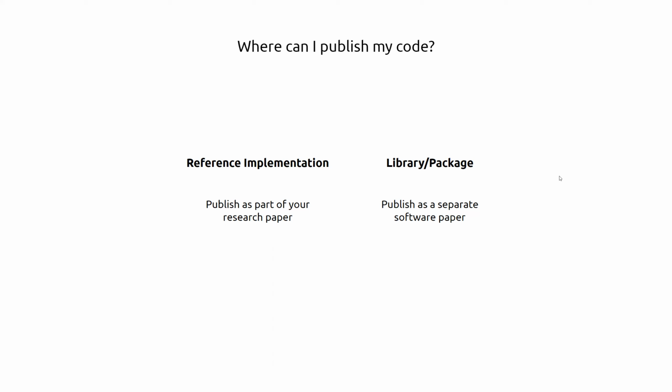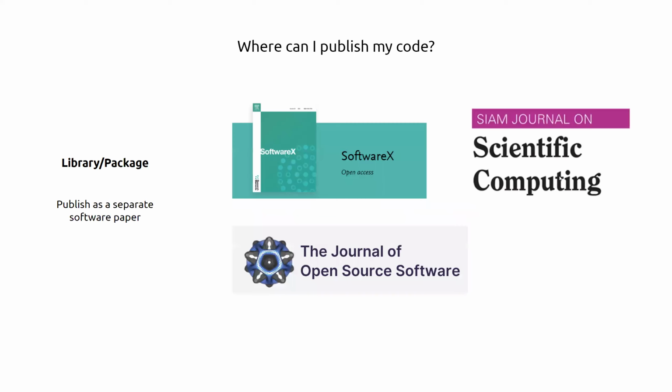And for a library, you can publish it as a software paper. There are journals specifically publishing software papers, for example SoftwareX or SIAM Scientific Computing, or there's the Journal of Open Source Software, which works more on the principles of open source. Like you can go and volunteer to review other people's work, and yeah, it's a very modern, collaborative journal.